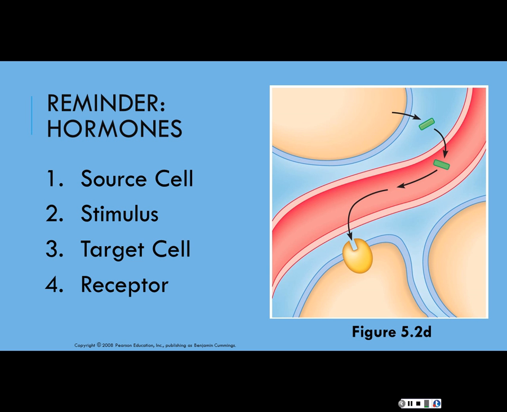For example, the messenger may be coming from the pituitary gland and trying to target something far away, like the ovaries, right? So it's got a long way to travel. But what will be common is the target still must have a receptor, right, to do whatever job that hormone tells that cell to do. I'll get into specifics in a little bit.